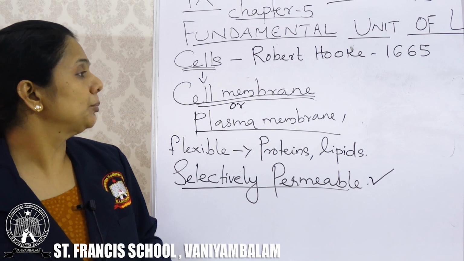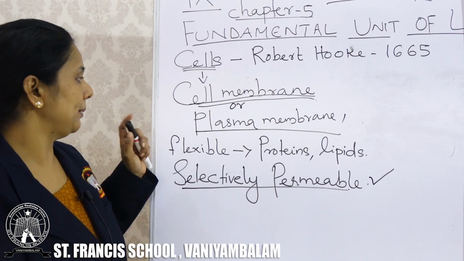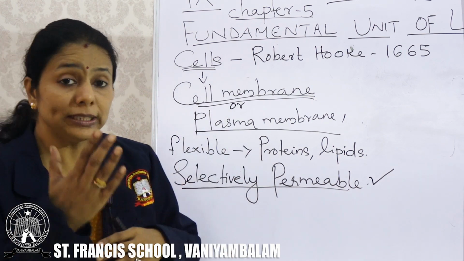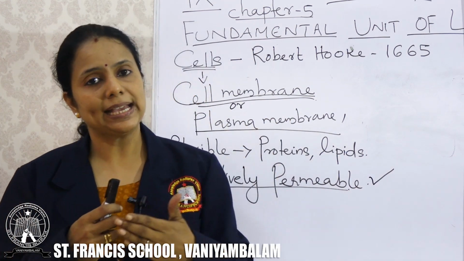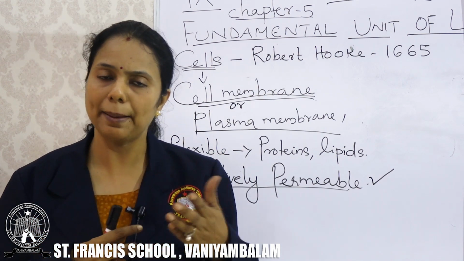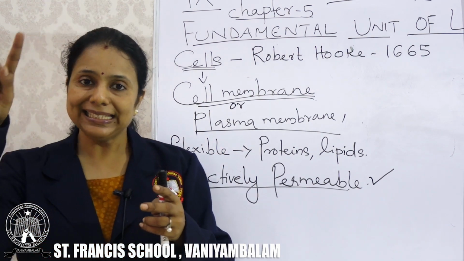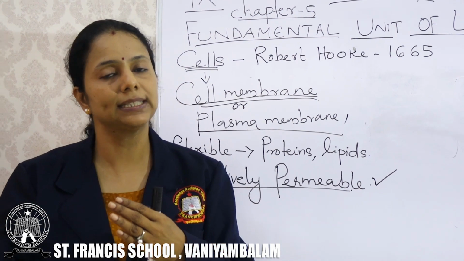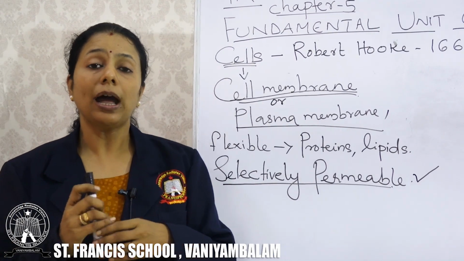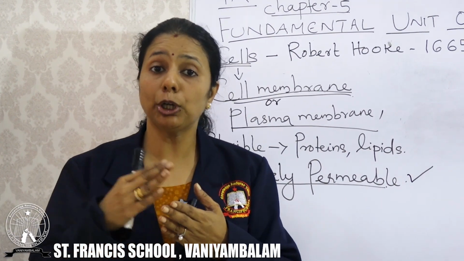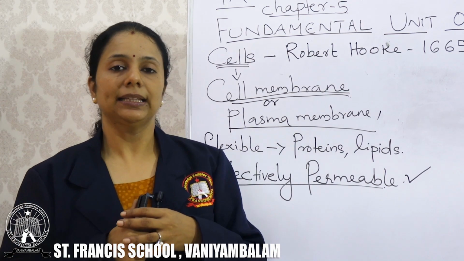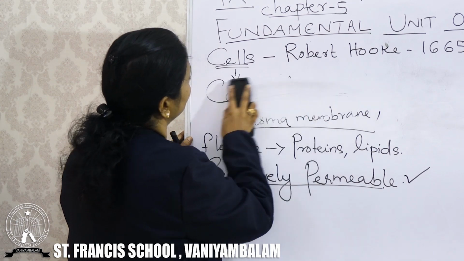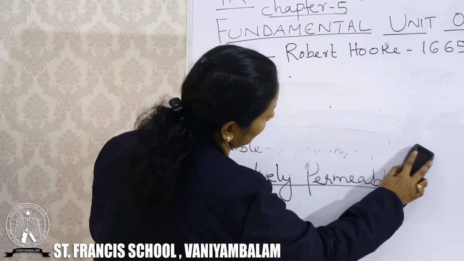Now, moving on to the next topic about the cell membrane: through this cell membrane, the exchange of gases and other substances is happening. So the cell membrane acts as a gate for the exit and entry of certain substances into the cell. How this transport of materials happens in the cell, that we are going to discuss now. Here mainly two processes are happening.